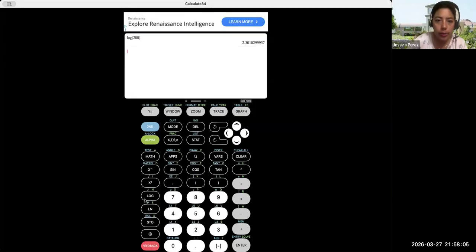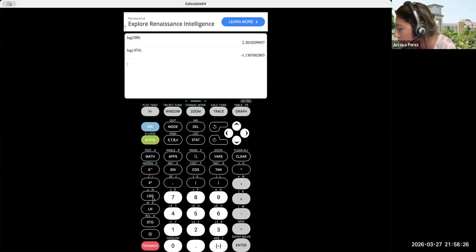And then log, again down here on the bottom, log of 0.074, close parentheses. That's going to be a negative number, negative 1.13076, but to 4 decimals, negative 1.1308.